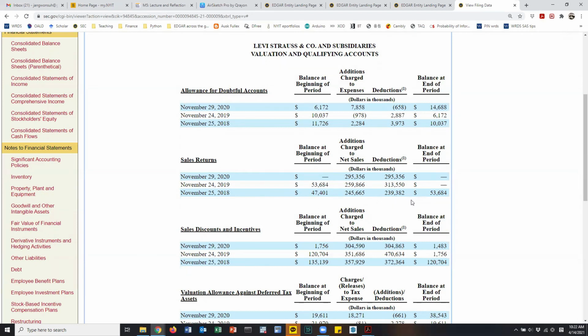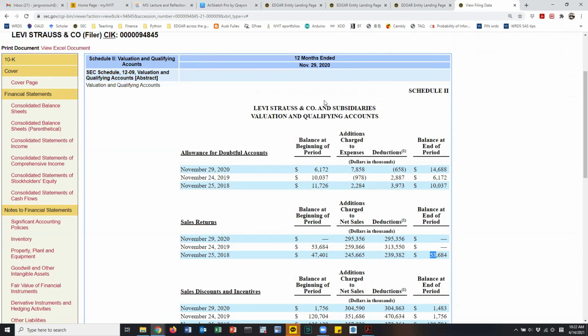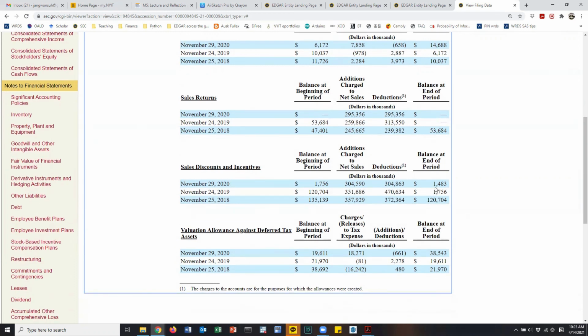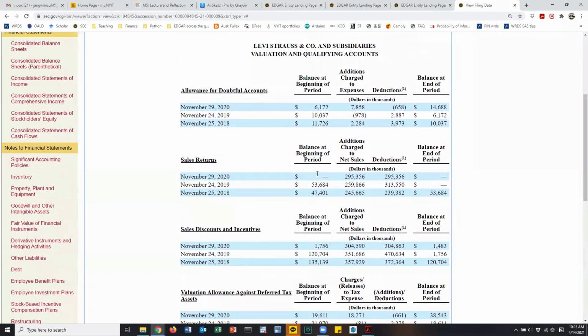And out of 1.3, you see the returned amounts, the changes, right? Well, at the end, let's have a look at the ending balance. It is about 53, thousands. It does not say clearly that they are thousands, but about 53, close to half. Oh, this is 2018, okay. Well, sales discount offered is about 1%. Sales return, there is no change.